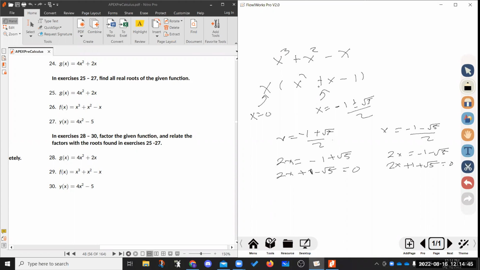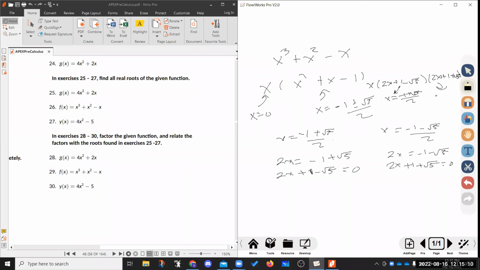So I could factor this into x times 2x plus 1 minus root 5 and 2x plus 1 plus root 5. And this one would be the one that would generate the answer of x equals negative 1 plus root 5 over 2.